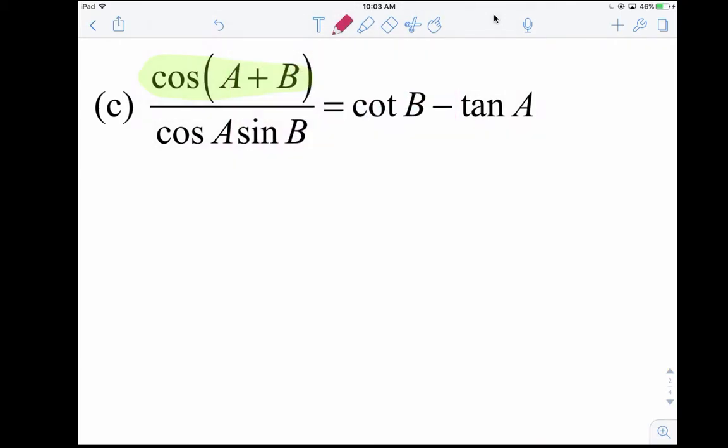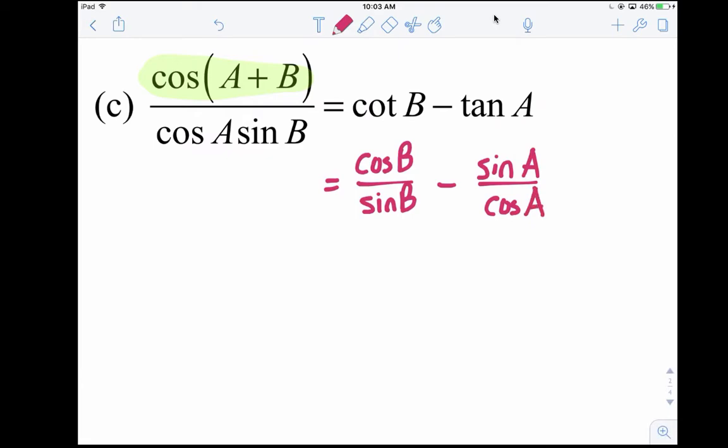All right. So I know that I can change cotangent to be cosine over sine, and then I can change tangent to be sine over cosine. Okay, and then on the left side I have one term, on the right side I have two terms. So I want to change the right side so that it's one term.